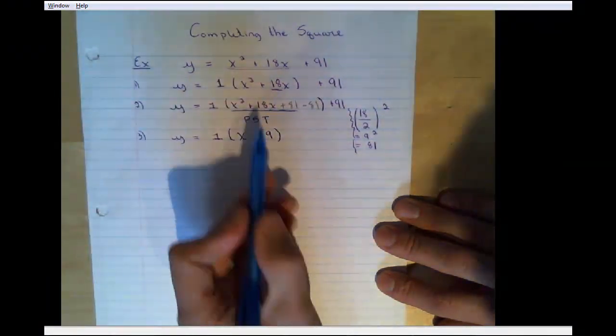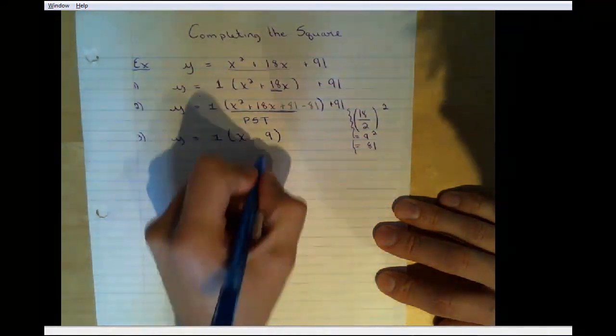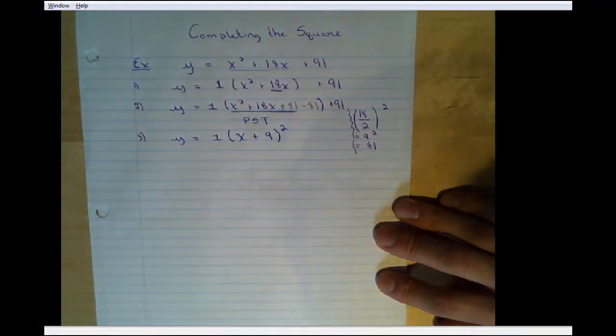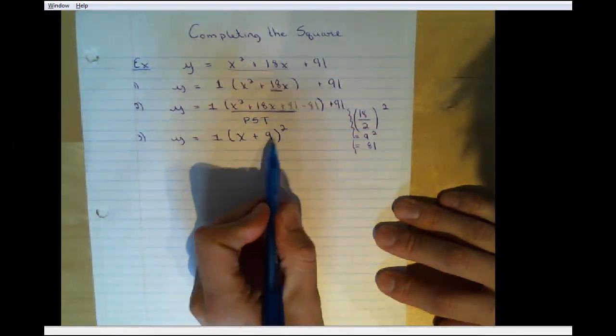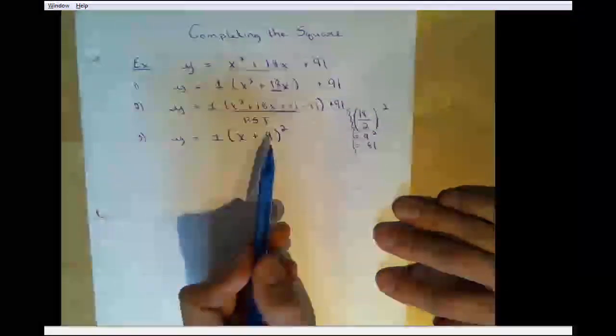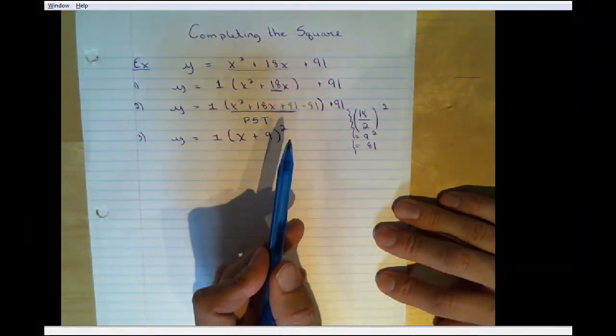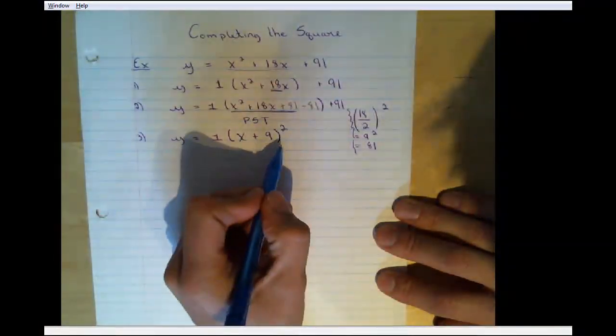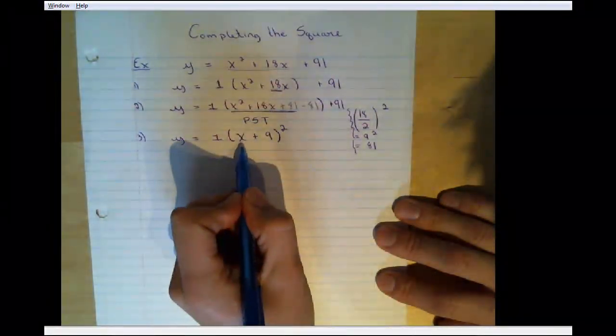What's this sign? It's a plus, so bring the plus down here, and then you put the square here. Now, this number times 2 has to equal the middle number. Let's check that. x times 9, 9x, times 2, 18x, it checks out. So it's x plus 9 squared.